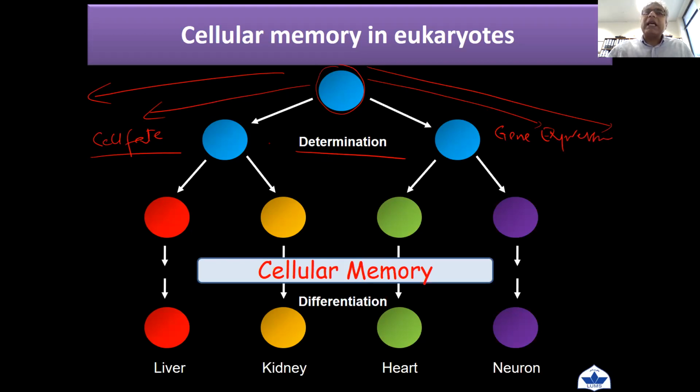Now, once cell fates are established, cells divide and they pass on the gene expression pattern. So, for example, this cell after cell fate determination is determined to make future liver. So it will keep dividing mitotically before a fully differentiated liver is formed.